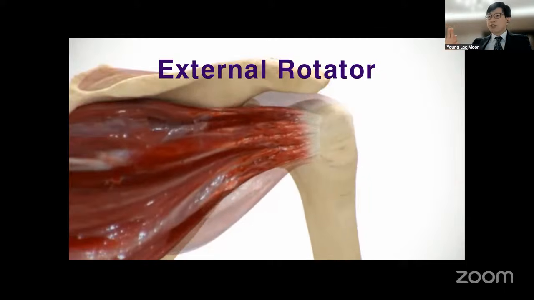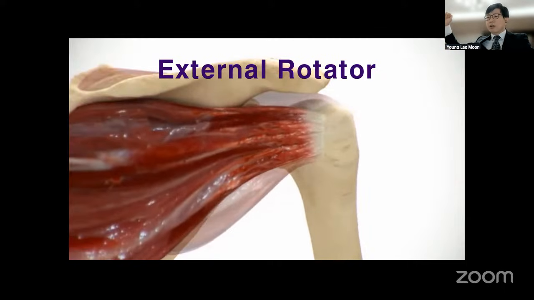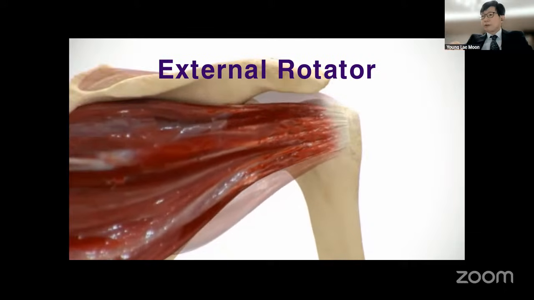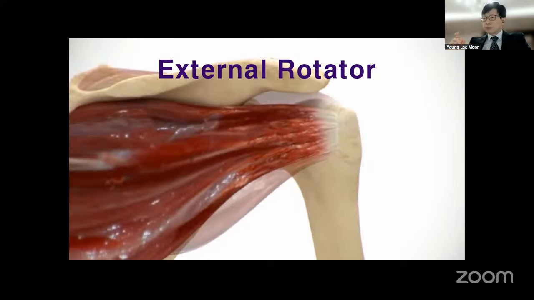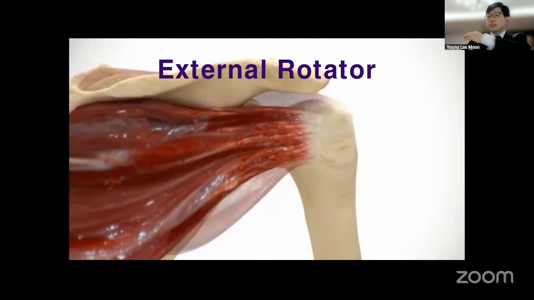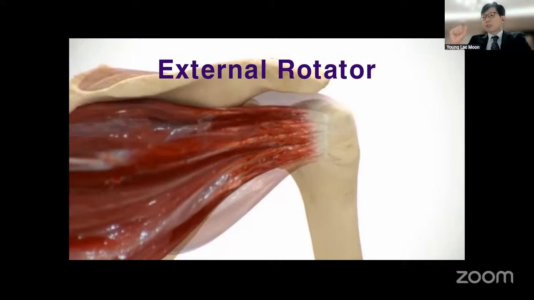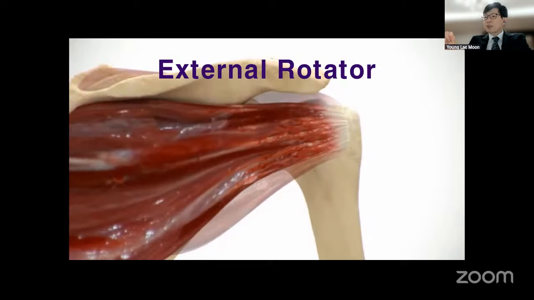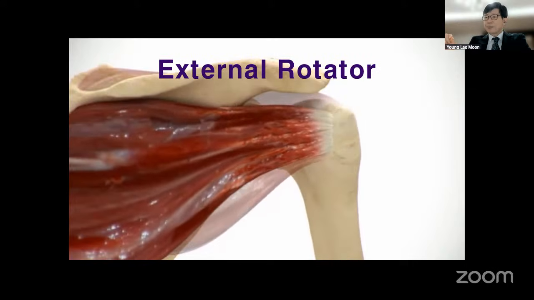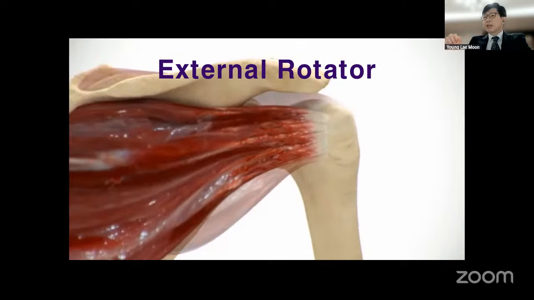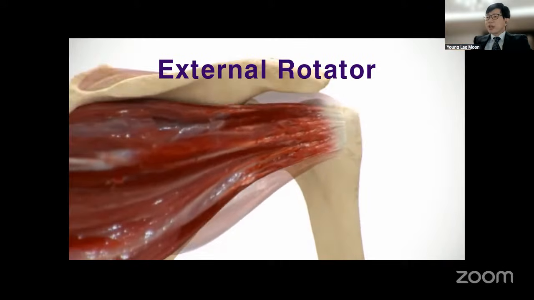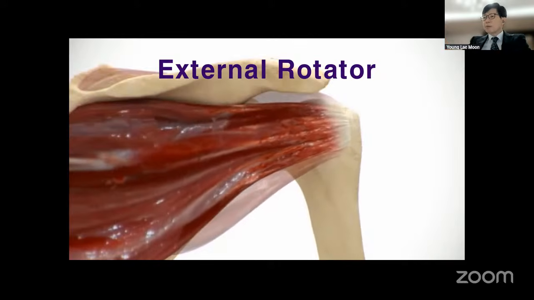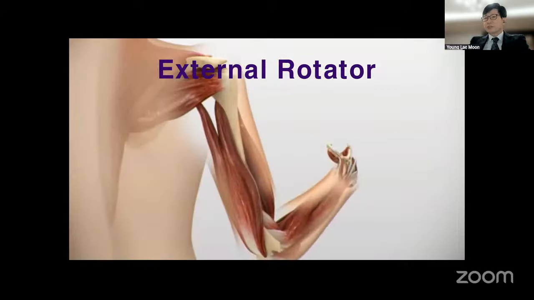Injury occurs in overhead athletes from the eccentric deceleration force, and from trauma such as posterior dislocation. Suprascapular nerve compression at the spinoglenoid notch causes isolated infraspinatus atrophy. The patient presents with external rotation weakness and posterior pain. The next slide covers specific external rotation tests.